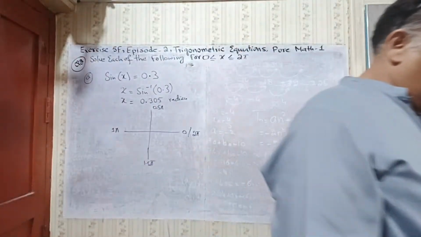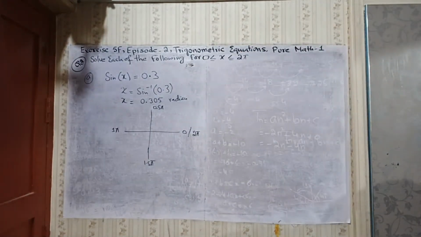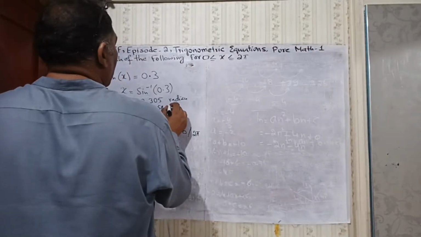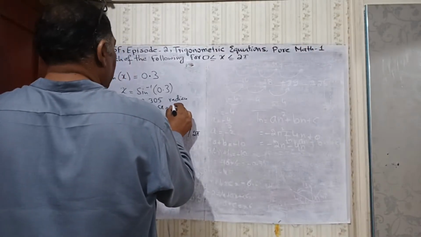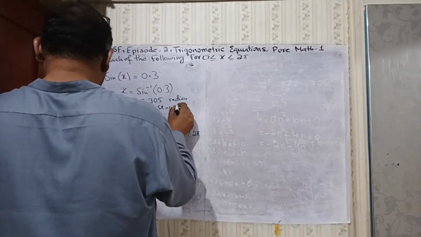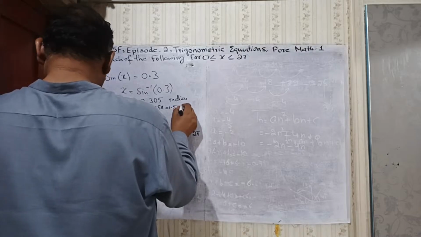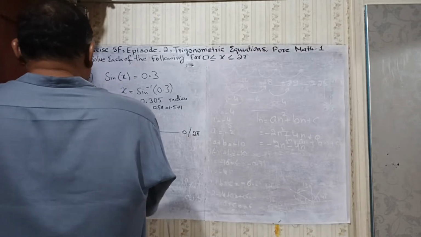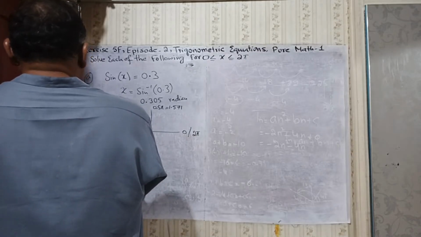But what is the meaning of 0.5 pi radians? Let's do this: 0.5 multiplied by pi is 1.571. 1 pi is equal to 3.142.